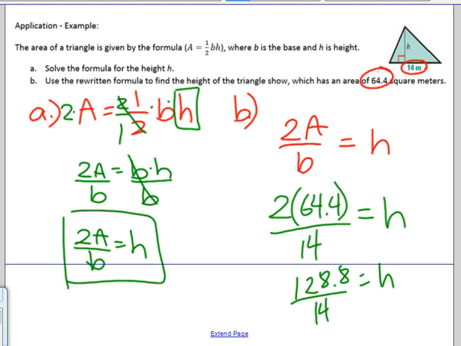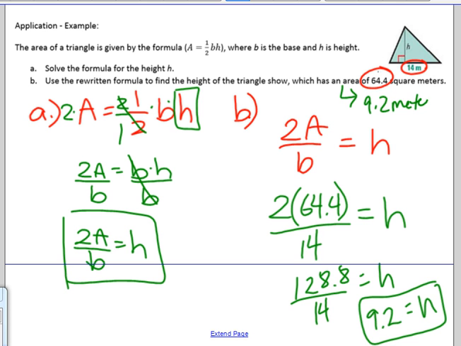And then when I divide by 14, I get 9.2 equals H. Now, the units were given to me in meters, so I know that this height is going to be 9.2 meters. All right?